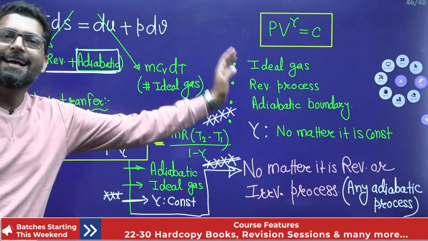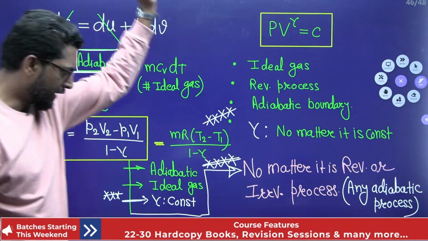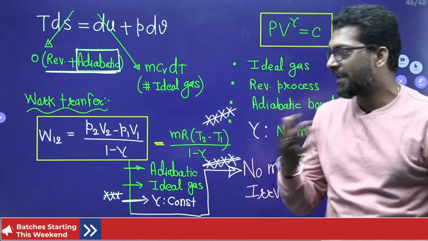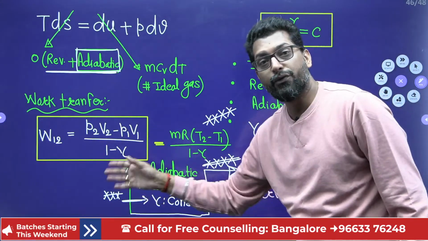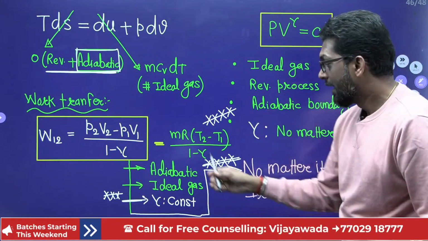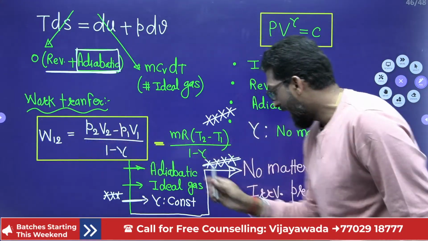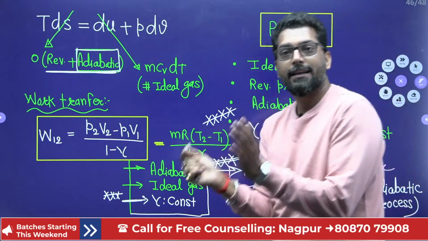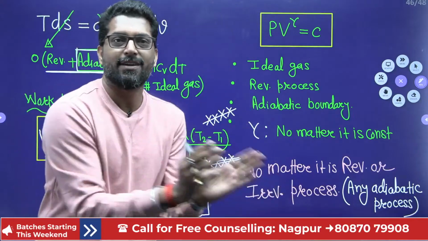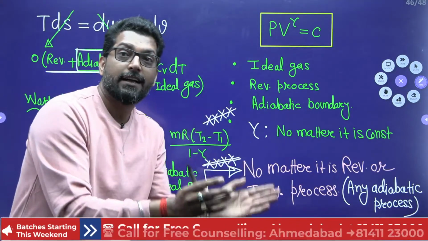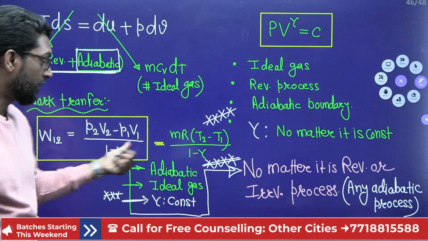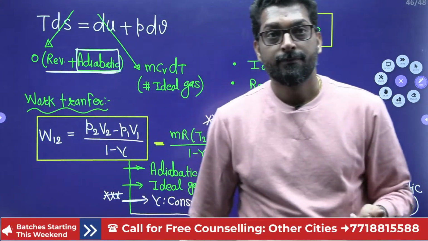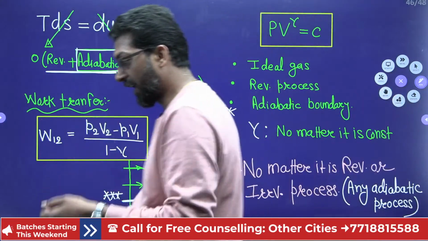In the regular classes, not the YouTube class, we can prove it. At that time, we have to prove why. If you take one case reversible adiabatic, and another case any adiabatic process, in both cases this formula is the same. So this is the second subtle concept.